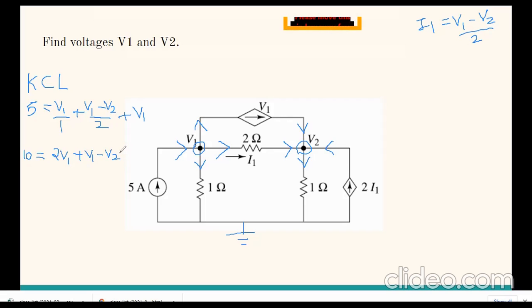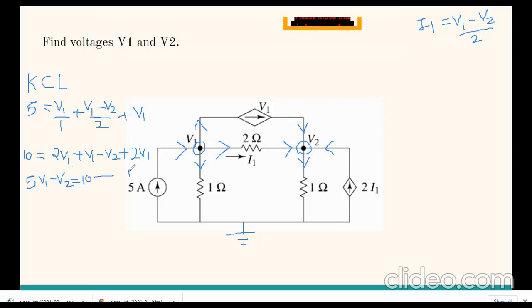I have taken the LCM. Now I will group the similar terms together. Here I have 2V1 plus V1, that is 3V1, plus 2V1 is 5V1. So I have the equation 5V1 minus V2 is equal to 10. This is my equation number 1.